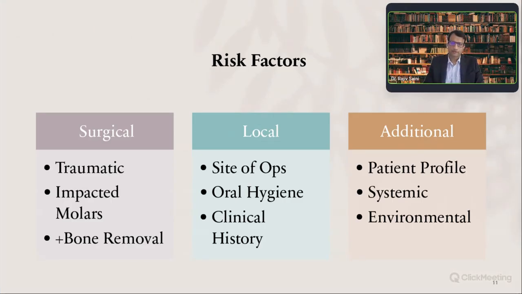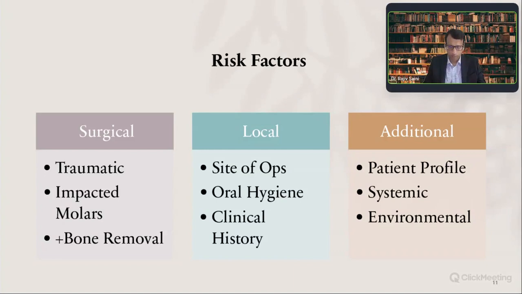There are certain risk factors involved in the dry socket. Patient-related factors include smoking, hormonal influences, especially in women, oral contraceptive use, and poor oral hygiene. Surgical factors include traumatic or prolonged extractions and limited irrigation of the extraction site.